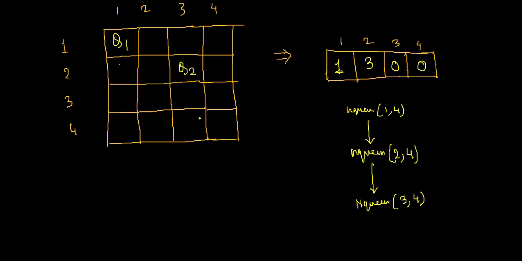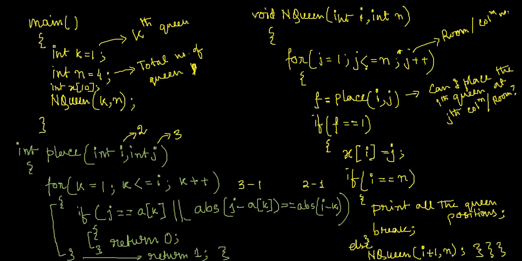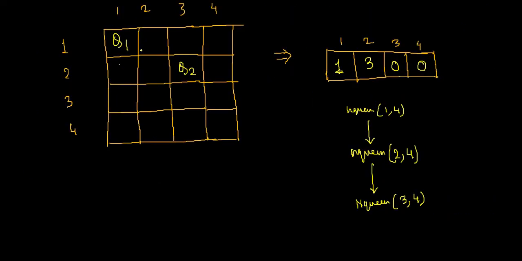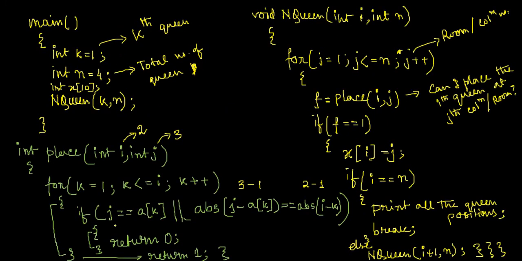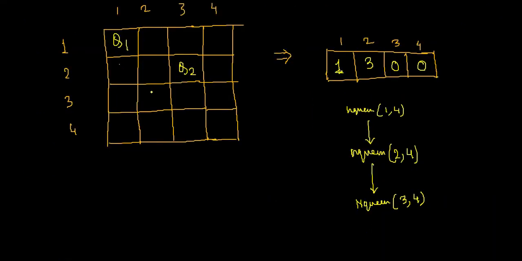So from this diagram, I think you can realize that in case of queen 3, 4, for any value of j, this place function will never return 1. Because from this diagram you can see that if you place queen 3 over here, we will get a collision because of this first part. If you place queen 3 somewhere over here, you will get a collision with queen 2.